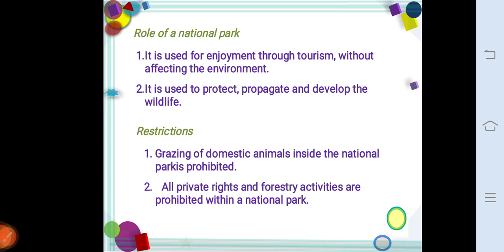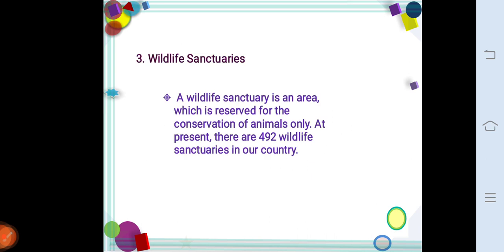And gene sanctuary. A gene sanctuary is an area where plants are conserved. For example, one gene sanctuary for the citrus lemon family, and one gene sanctuary for insect-eating plants. Some advantages of in situ conservation: it is a very cheap and convenient method.